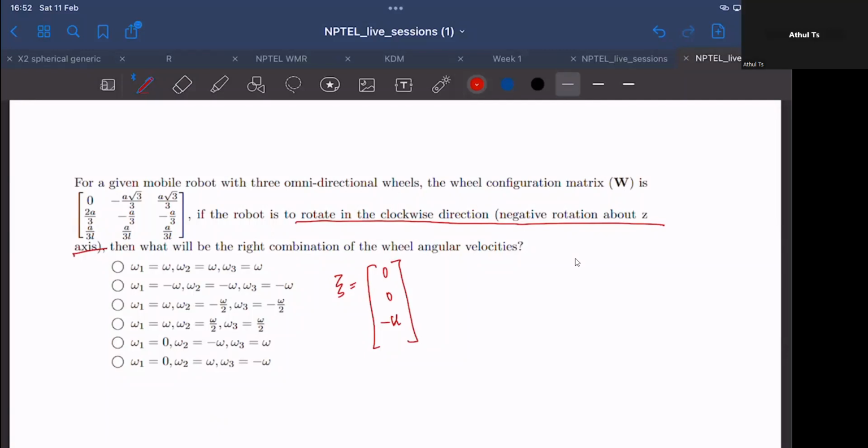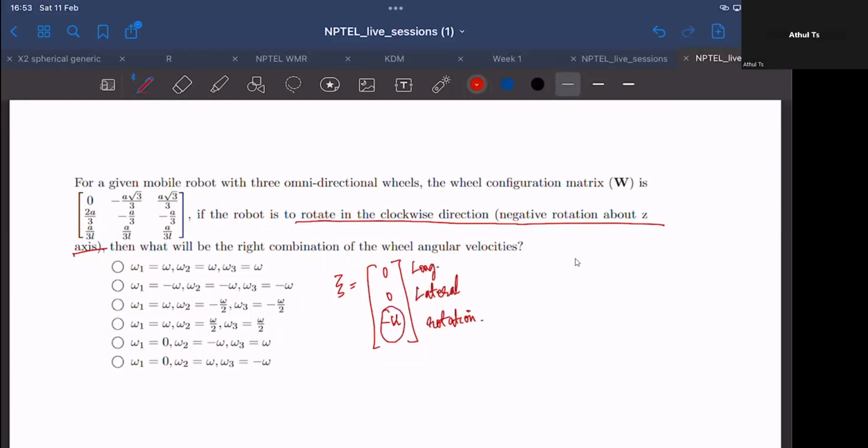So we'll have a negative constant at the third row, and all the other entries would be 0 because the robot is purely rotating. It does not have any component along the longitudinal direction or the lateral direction. It will only have a component along the rotational direction.